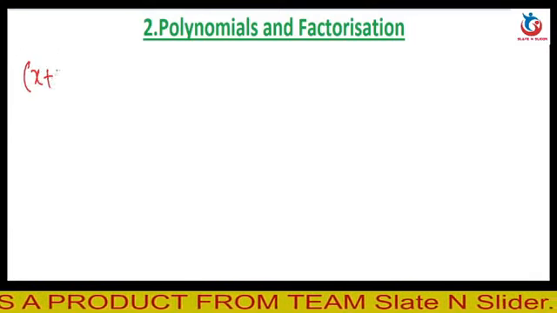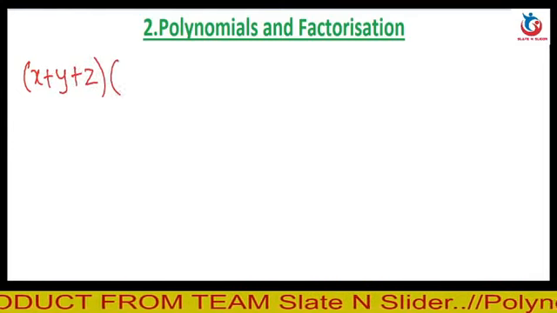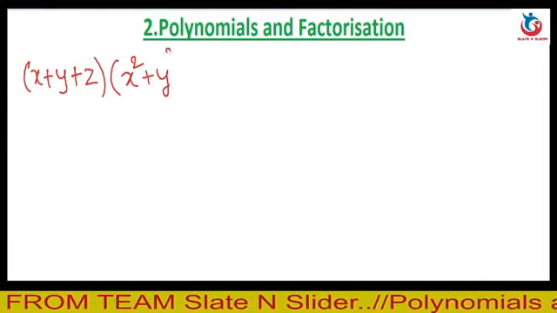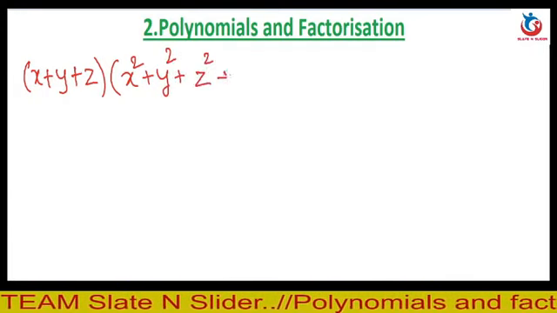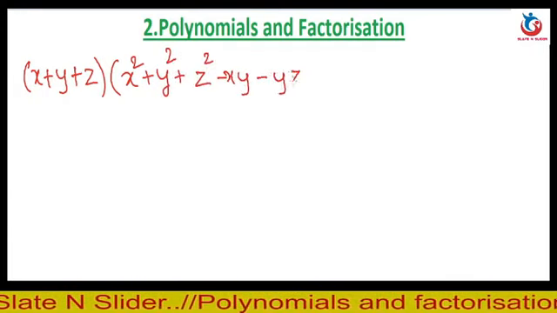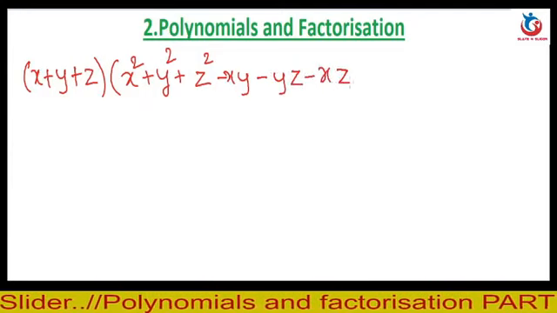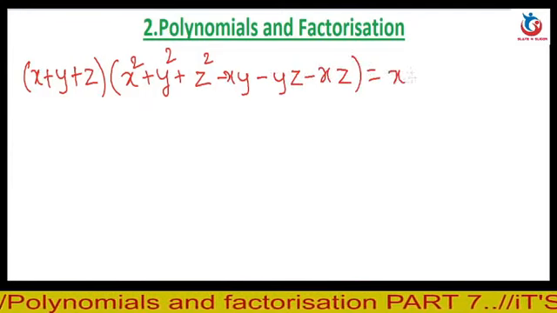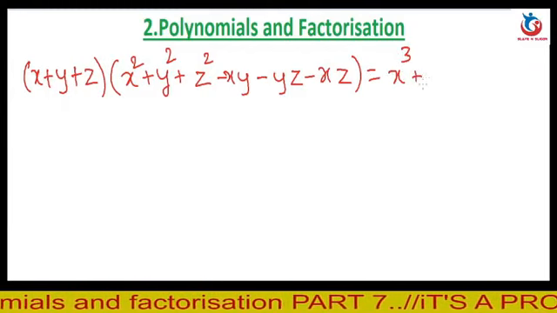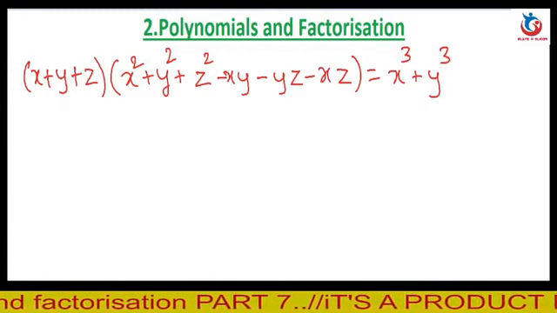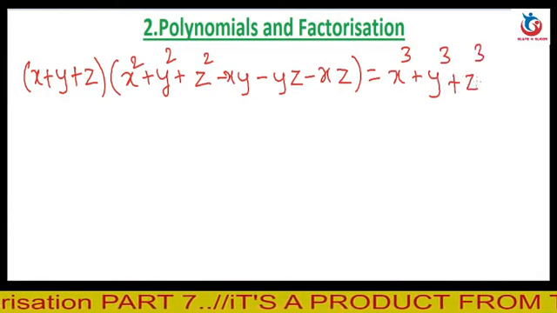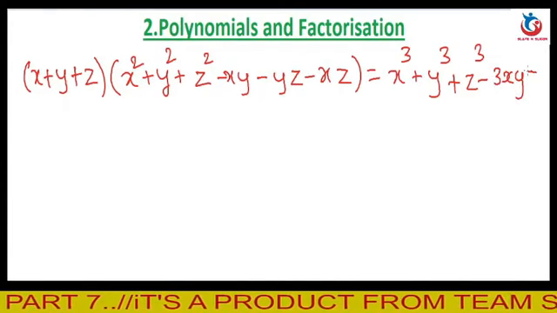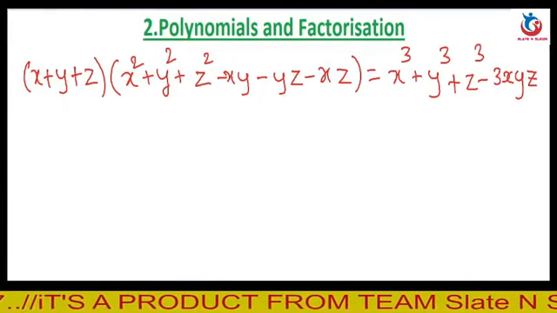So in this we will learn an identity that is (x plus y plus z) into (x square plus y square plus z square minus xy minus yz minus xz) is equal to x cube plus y cube plus z cube minus 3xyz. This is an identity.